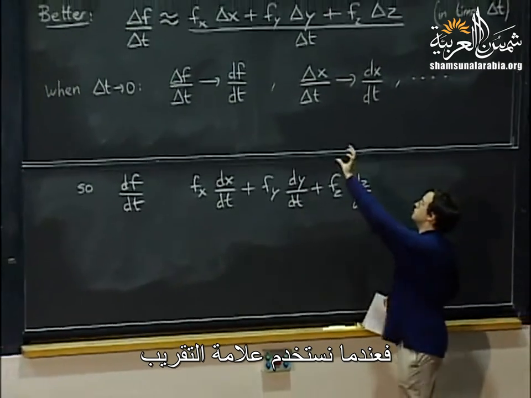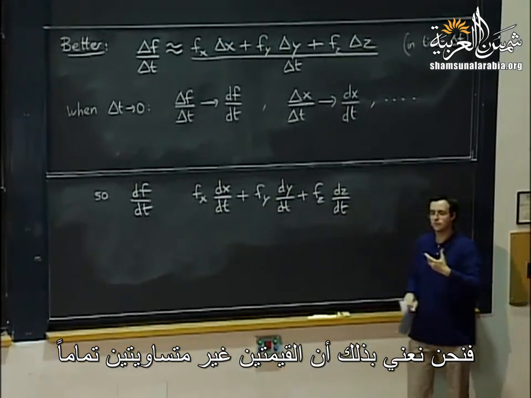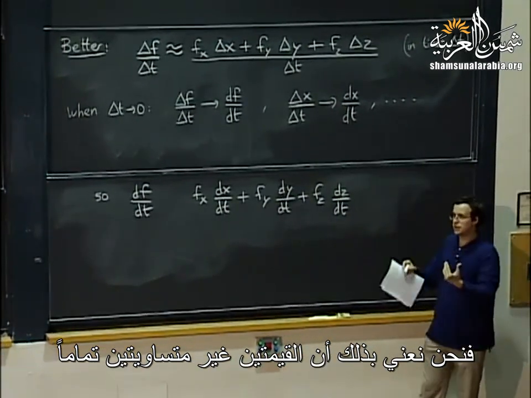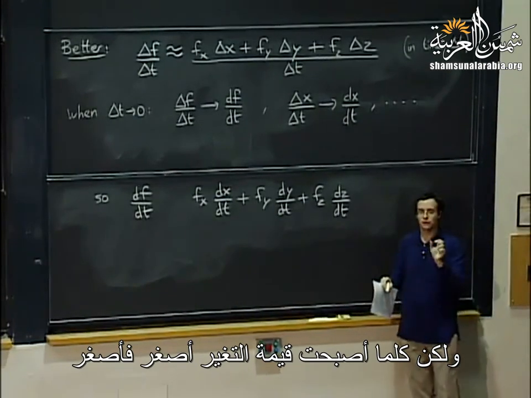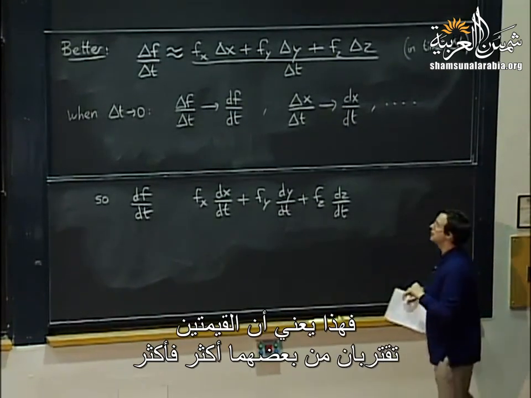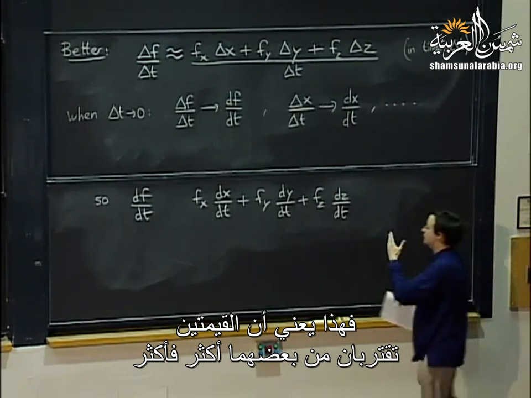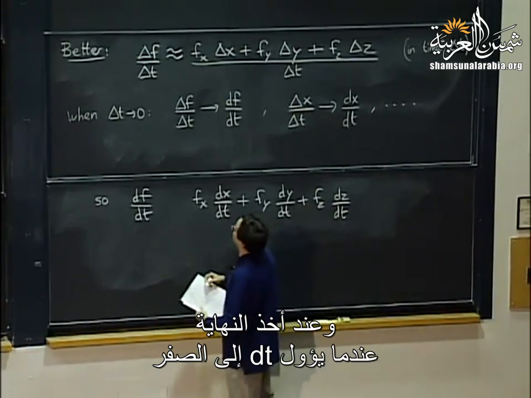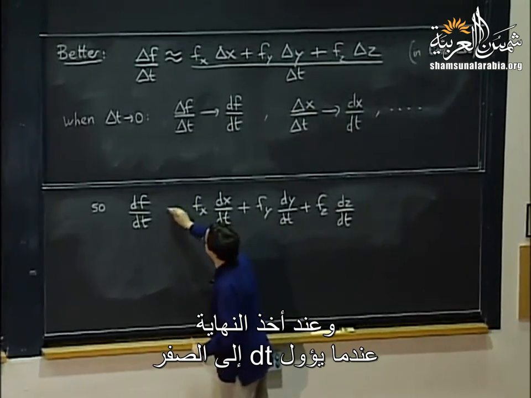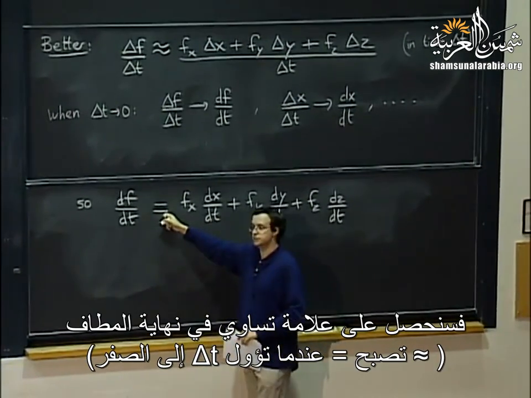Remember, when we write approximately equal, that means that it's not quite the same, but if we take smaller and smaller variations, then we'll end up with values that are getting closer and closer. So when we take the limit as delta t tends to 0, eventually we get an equality.